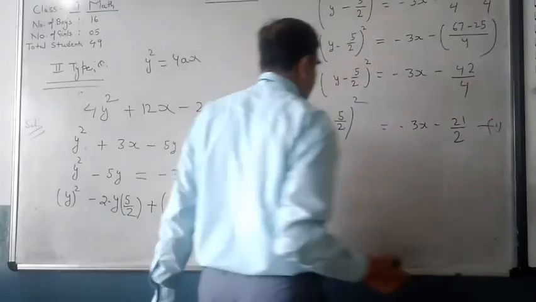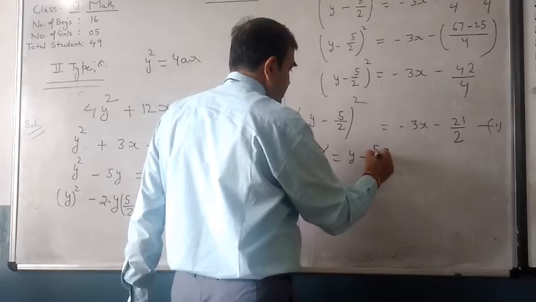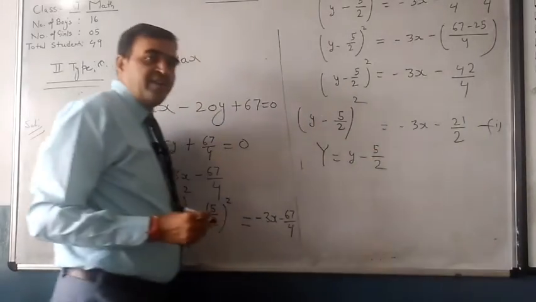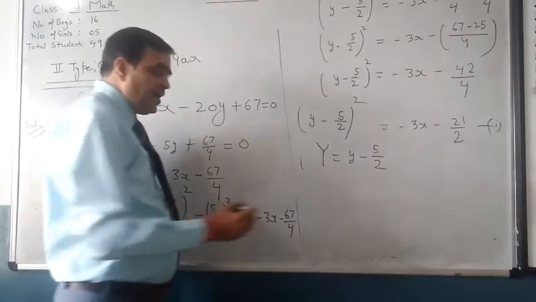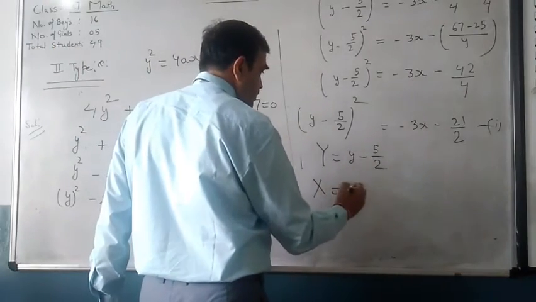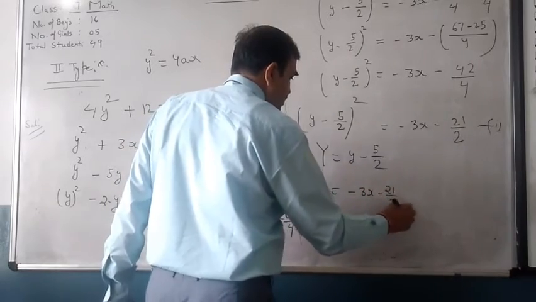Comparing with the standard equation, capital Y is equals to y minus 5 by 2. And capital X is equals to minus 3x minus 21 by 2.